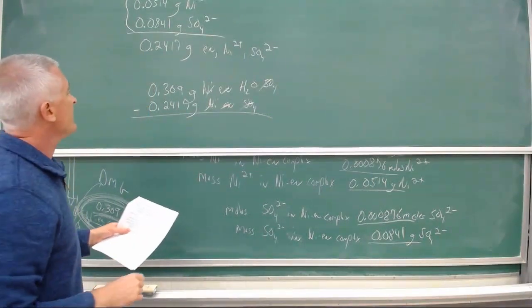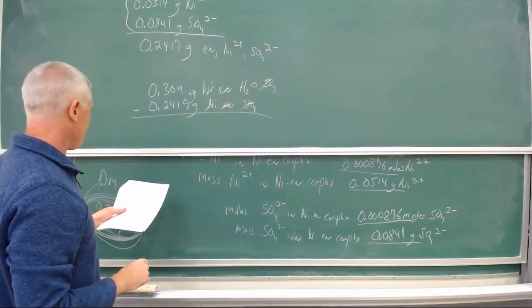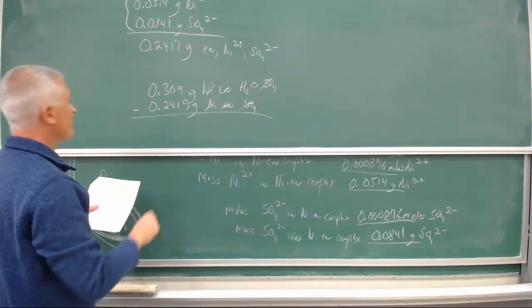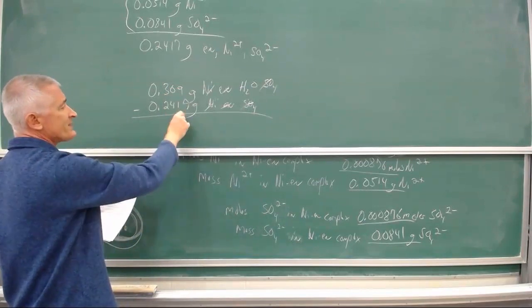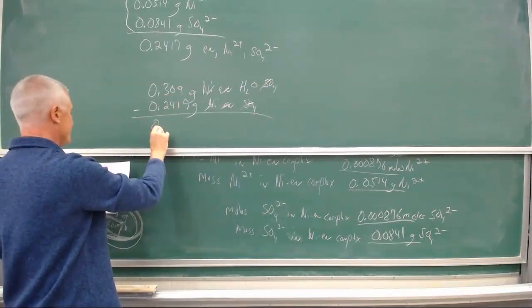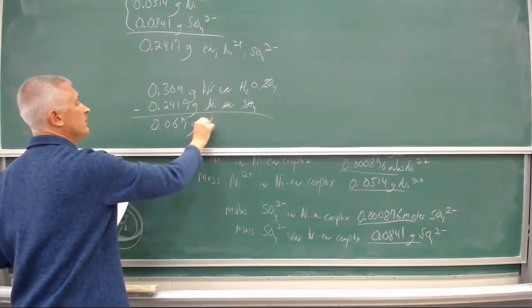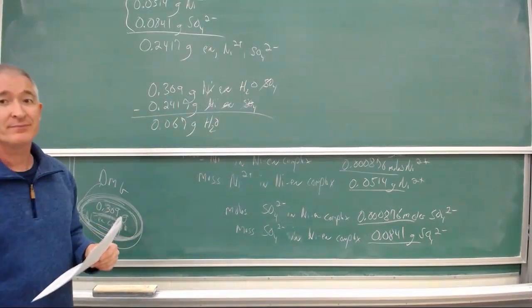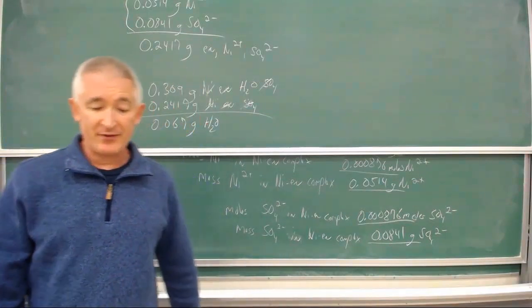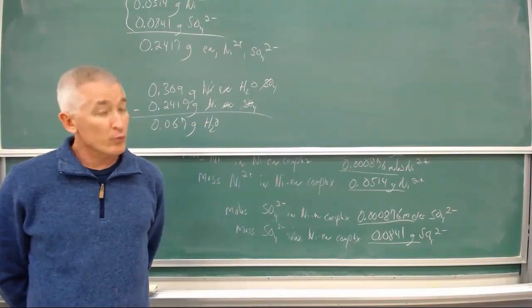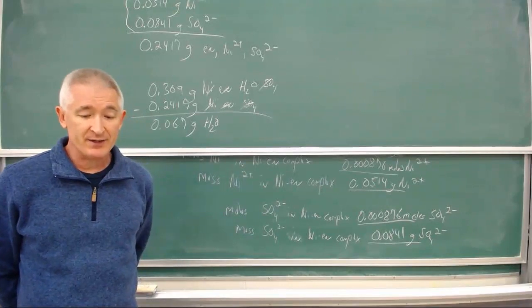What do we wind up with? I get 0.067. That would be a 3 decimal place number. The rules of addition and subtraction come into play here.